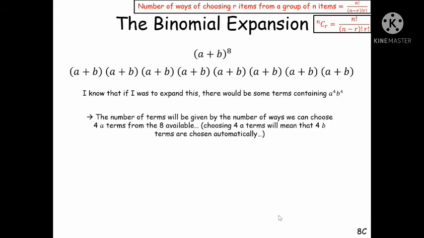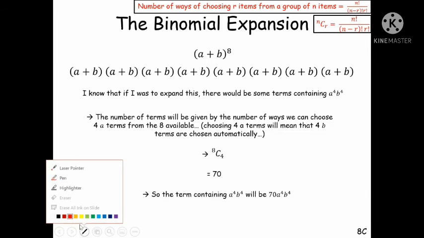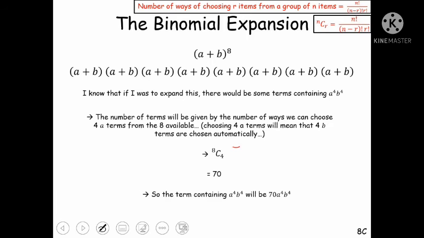Choosing 4 a terms will mean that 4 b terms are chosen automatically. We have 8C4 here, which is 70. So the term containing a to the 4, b to the 4 will be 70 a to the 4, b to the 4, because this is choosing your coefficient. So the 70 is your coefficient here.